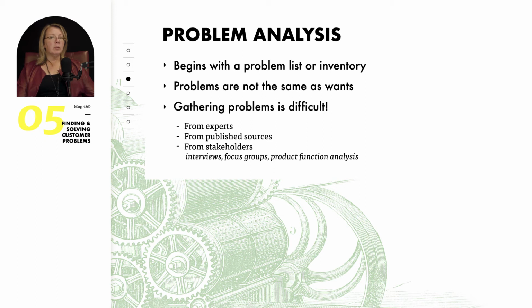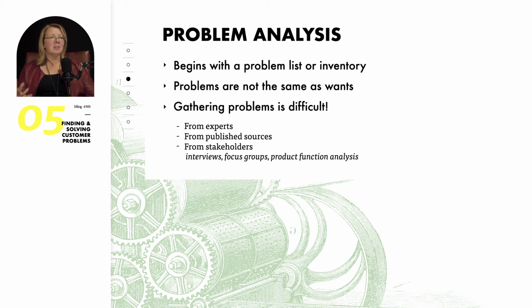That's information that's important to you. Understand that problems are not the same thing as wants. They're handled differently. You may want a peanut butter and jelly sandwich, but that is not a problem. There's not necessarily a problem with the peanut butter and jelly sandwich. A want is different from a problem. I just need to make that point.